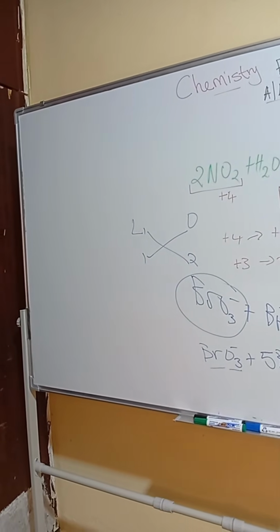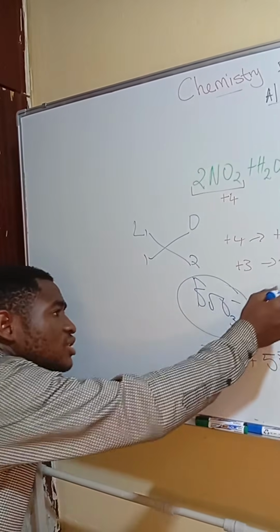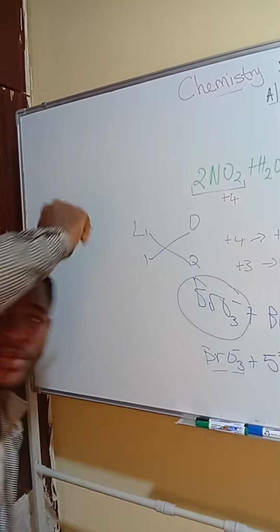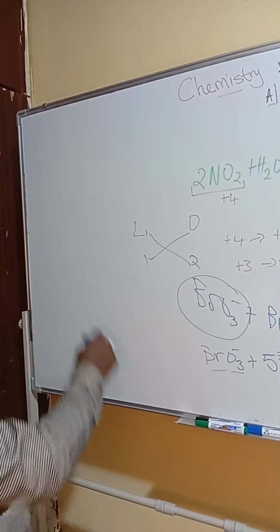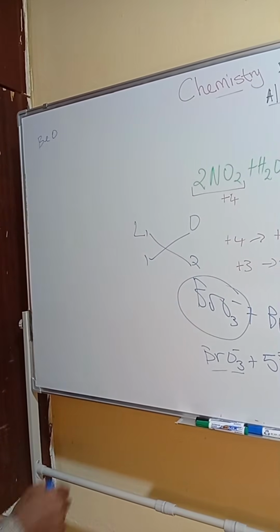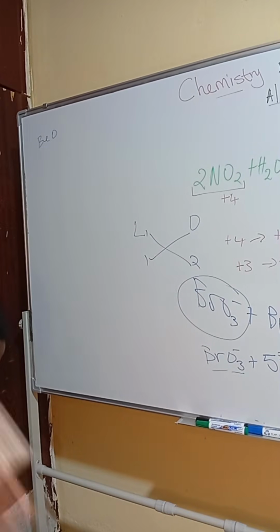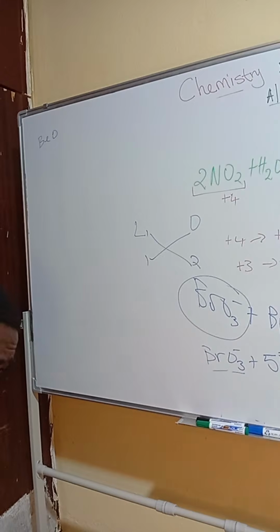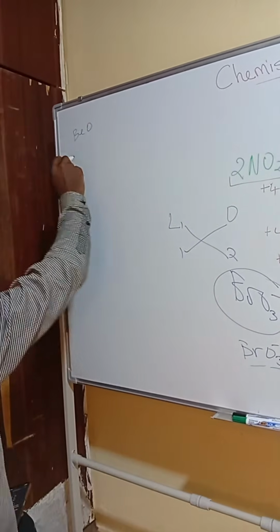Beryllium. We have what? Beryllium is 1, oxygen is 1. So you have what? Beryllium oxide. You go to the chlorine. Beryllium chloride. Chlorine is how many? 2. Beryllium is how many? 1.